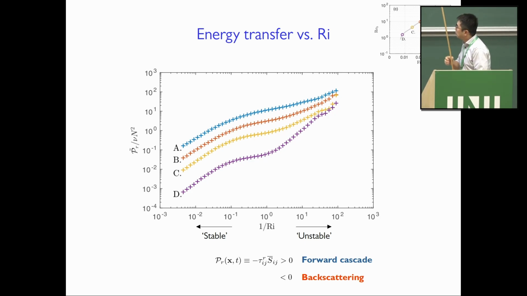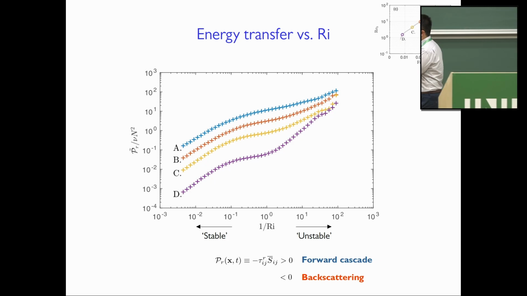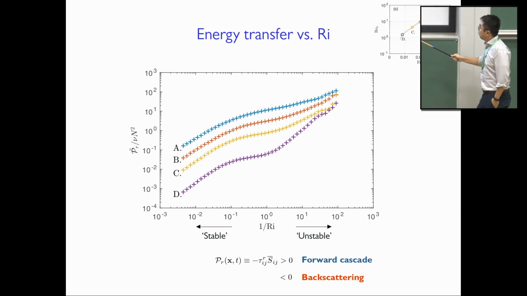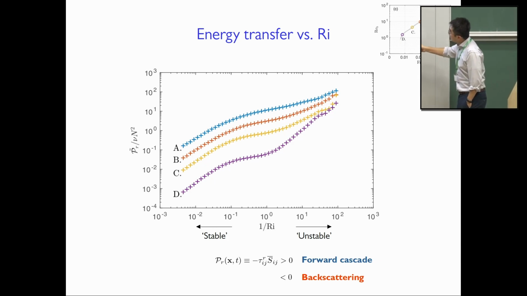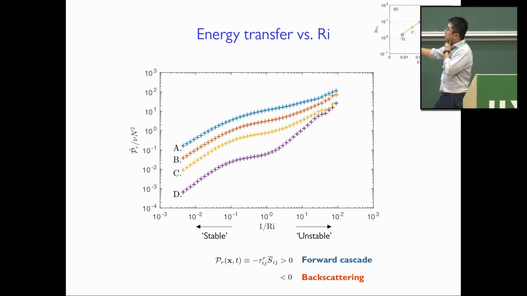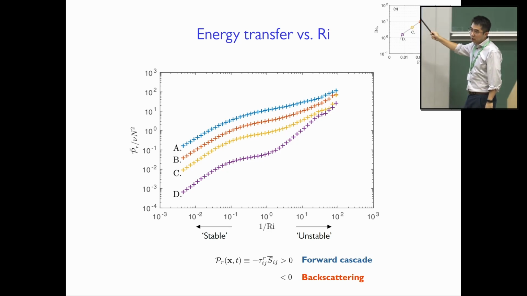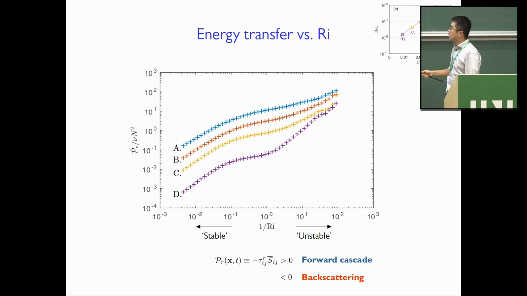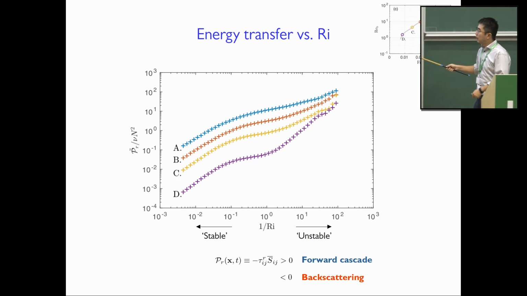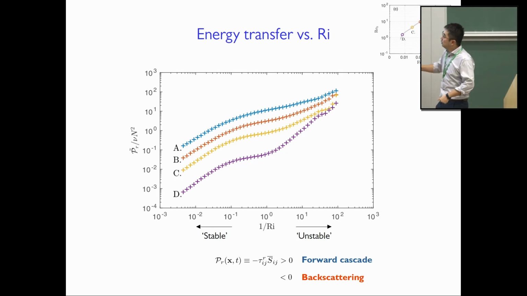Okay, some more conditional sampling here. I'm looking at the energy transfer rate as a function of 1 over Ri. For different snapshots, you see this upward-going trend, which is expected: as your flow is more unstable, it's doing more of the energy transfer.